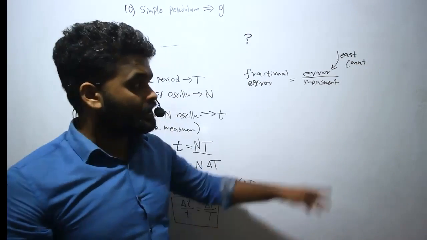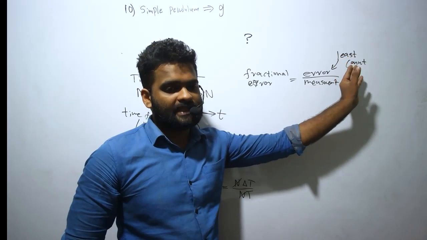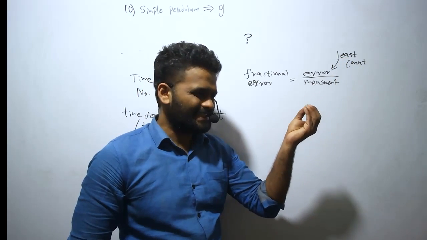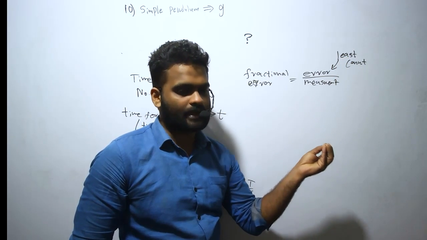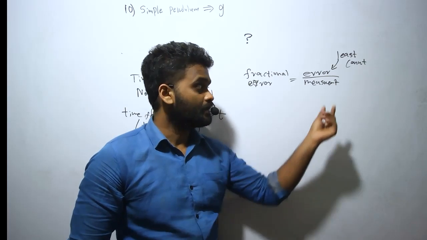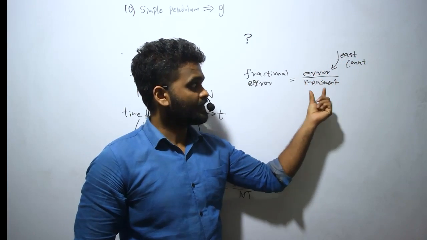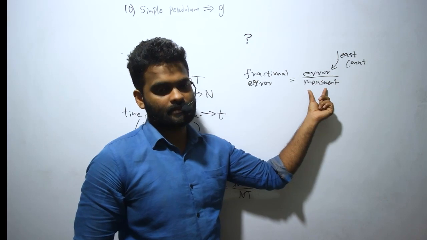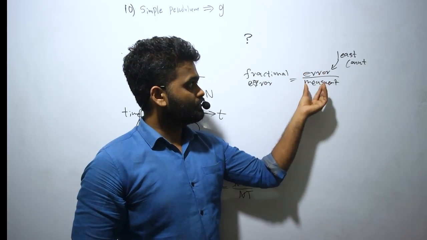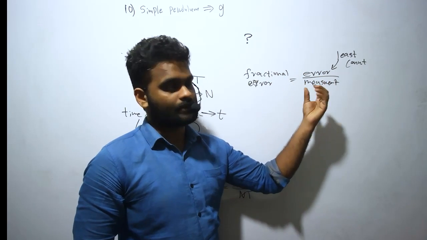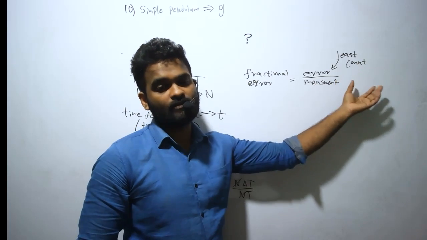For a meter ruler, the least count is 1 millimeter, the least amount that you can measure using that measuring instrument. You substitute it here, then this is the measurement, right? Usually this fractional error has to be less than 1%.